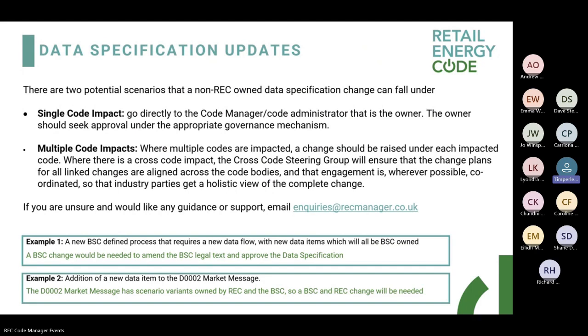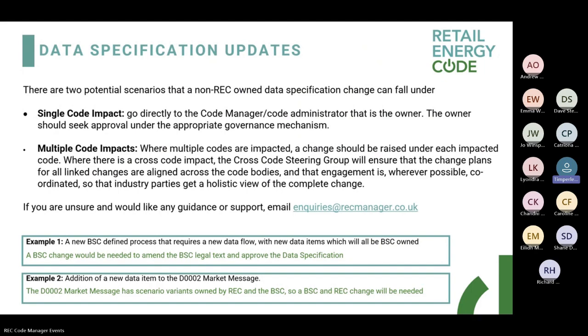The other potential scenario is that there are multiple code impacts. So if you want to make a change that's going to impact more than one code, or you suspect it might, but you're not sure, you'd need to raise it under all of the impacted codes. And then the cross-code steering group is a group formed of representatives from across the various codes.